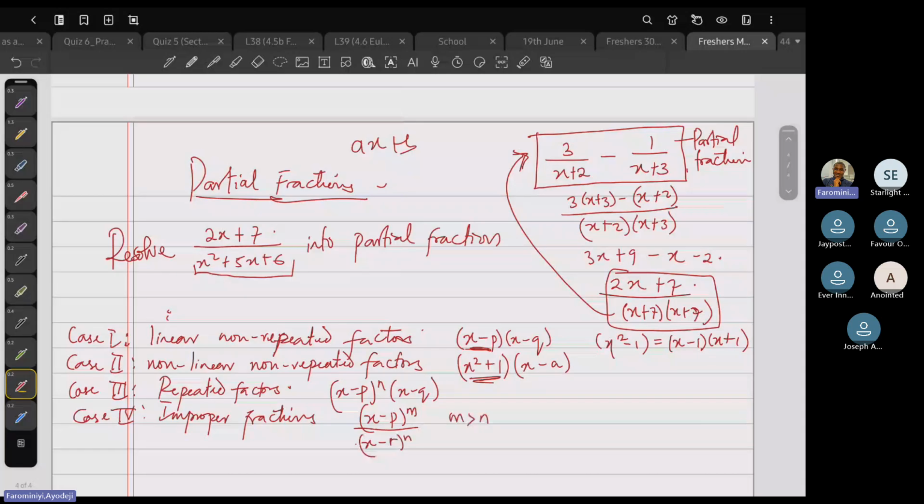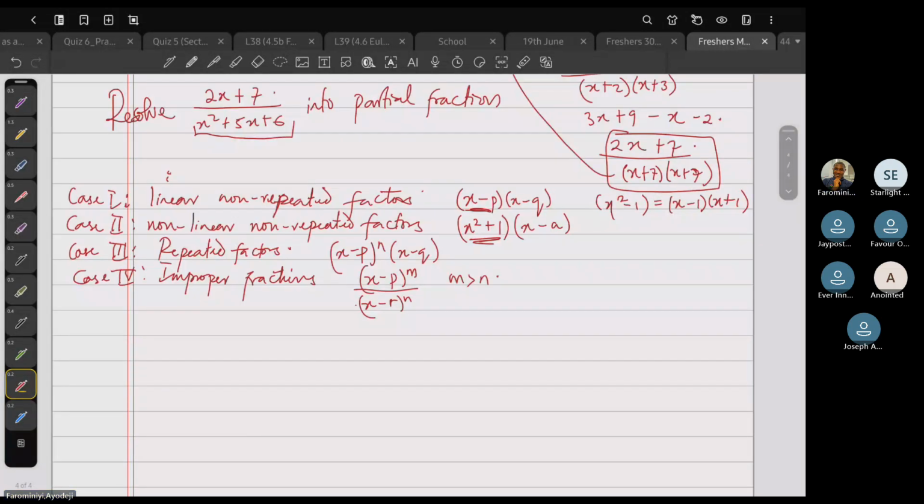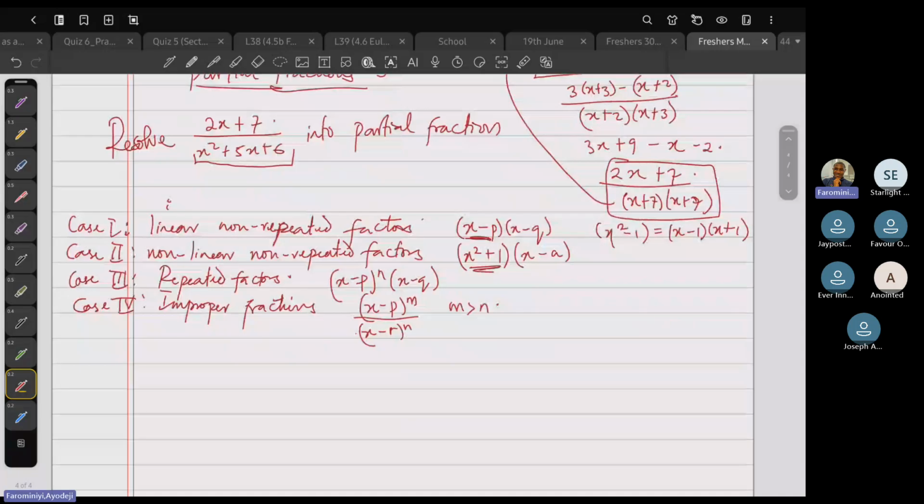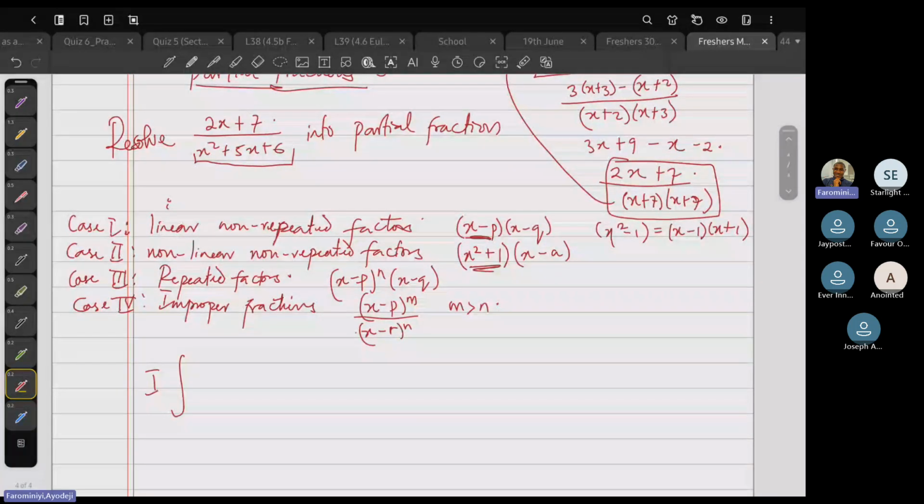So very quickly, let's say we want to integrate. So the main question now is integrate 2x plus 7 over x squared plus 5x plus 6 dx. So from what we did yesterday, I said immediately you see a quotient, when you see a fraction, the first thing that comes to your mind is, can this be simplified?